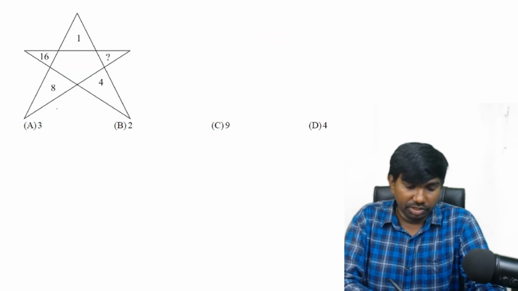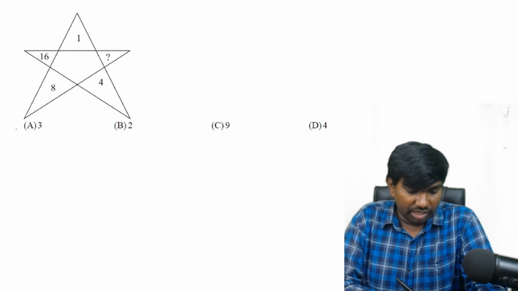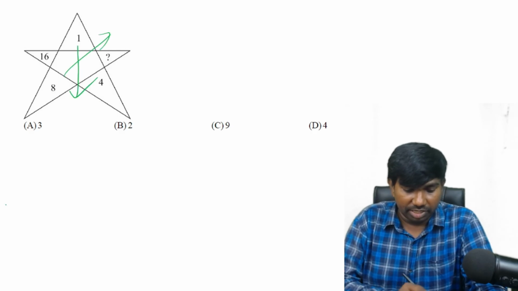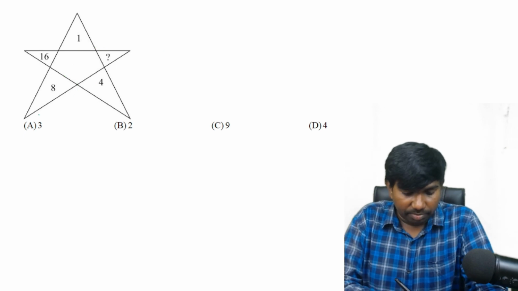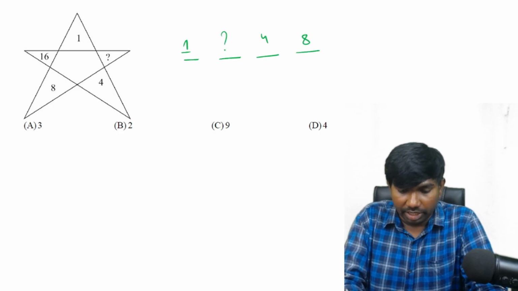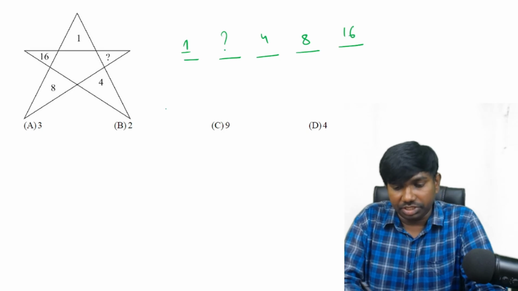And one more question. Here opposite number logic we cannot use, because there are an odd number of places, and opposite 8 there is an empty space, opposite 1 there is an empty space. So let us take the series completion, series logic only, and we are starting with 1, after that question mark, and after that 4, after that 8, and then 16.